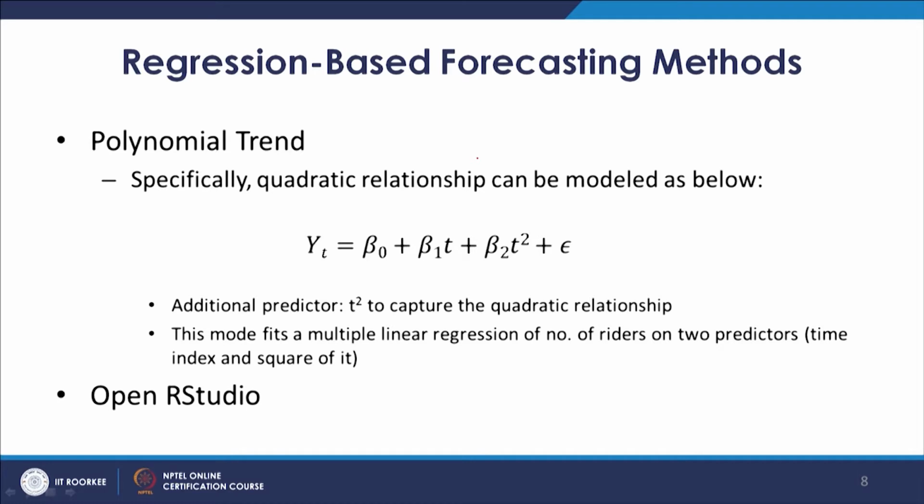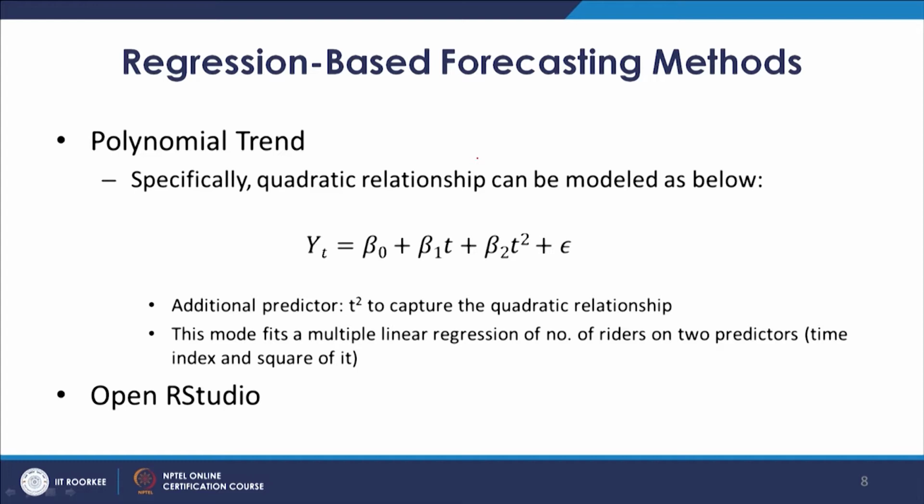If we talk about the specific data set that we are using, bicycle ridership, y is the number of riders. Now the number of riders is going to be regressed on these two variables, t and square of t, where t is the time index. The additional predictor t square is essentially to capture the quadratic relationship.